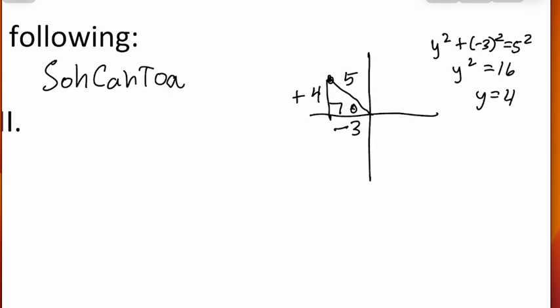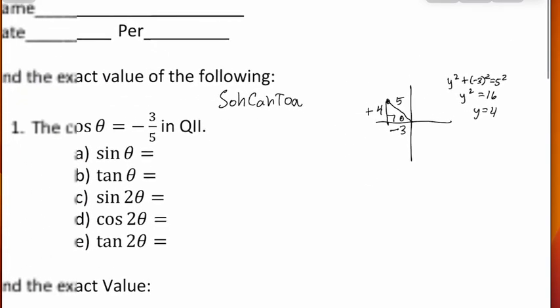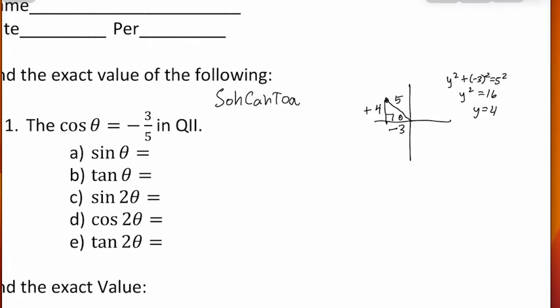Now that we have that, the triangle answers only the questions at first that consider theta. So we can only answer A and B with SOHCAHTOA. So let's do that. For A, the sine would be +4/5.